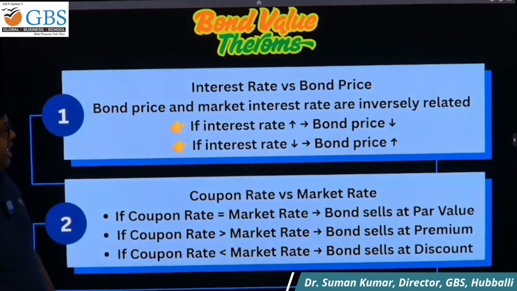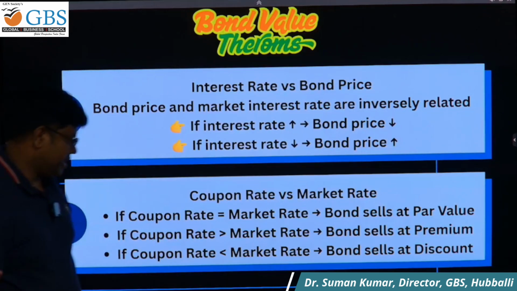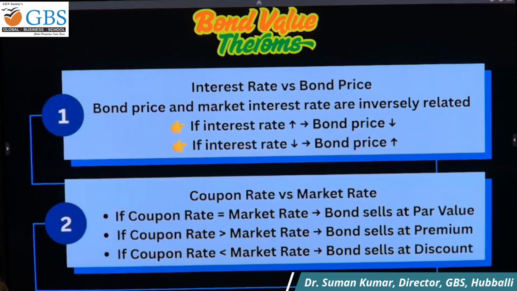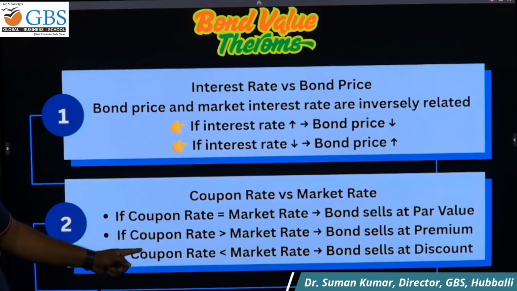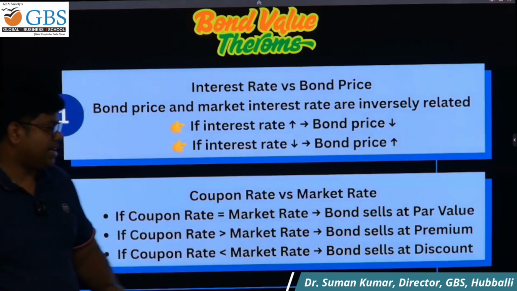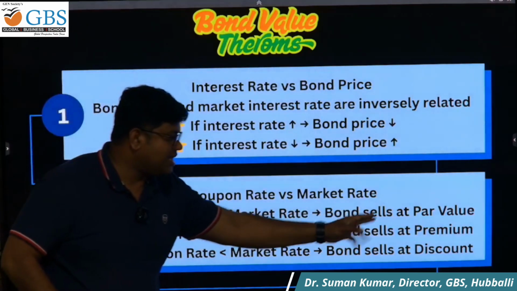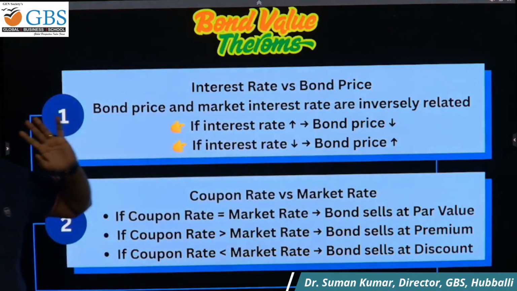Then coupon rate versus market rate. That is the second theorem. If coupon rate is equal to market rate, the coupon rate being the rate of interest on the bond, then the bond sells at par value.